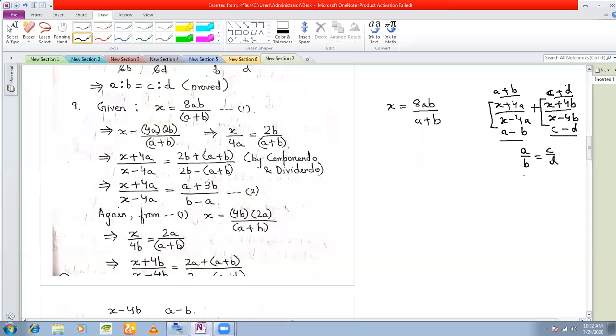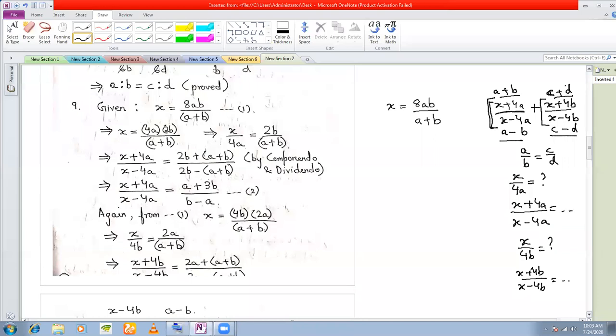So if you have x by 4a is equal to something, then you can write x plus 4a by x minus 4a. Similarly, if you have x by 4b is equal to something, then you can write x plus 4b divided by x minus 4b.